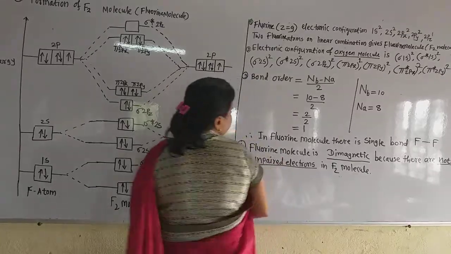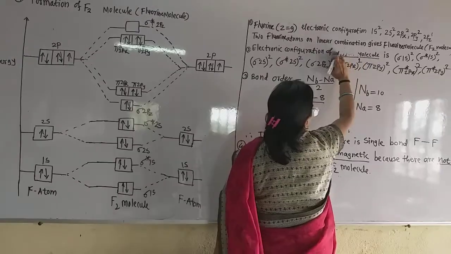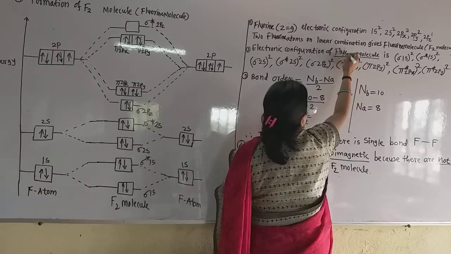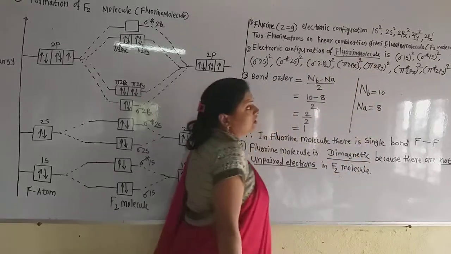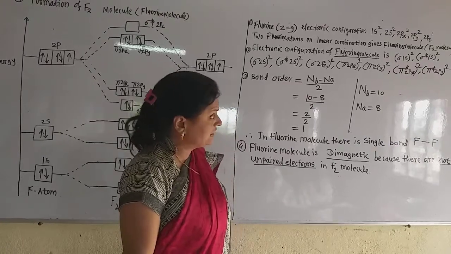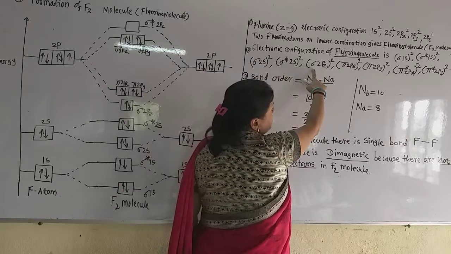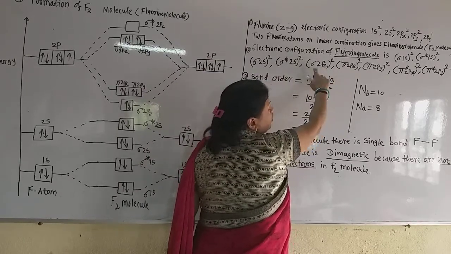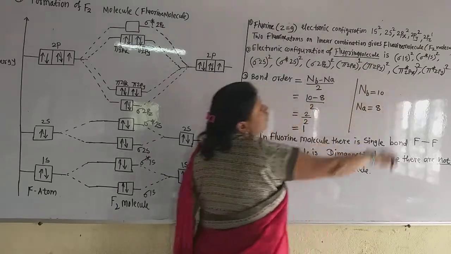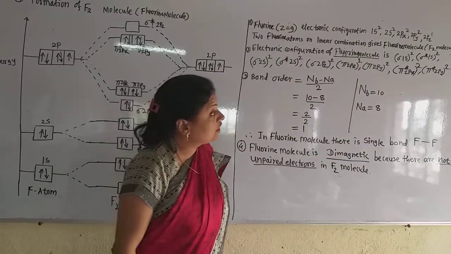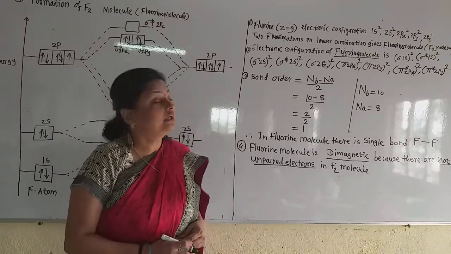So the electronic configuration of the fluorine molecule is sigma 1s2, sigma star 1s2, sigma 2s2, sigma star 2s2, sigma 2pz2, because these have lower energy, then pi 2px2, pi 2py2, and both the antibonding orbitals pi star 2px and pi star 2py also contain 2 electrons with opposite spins.